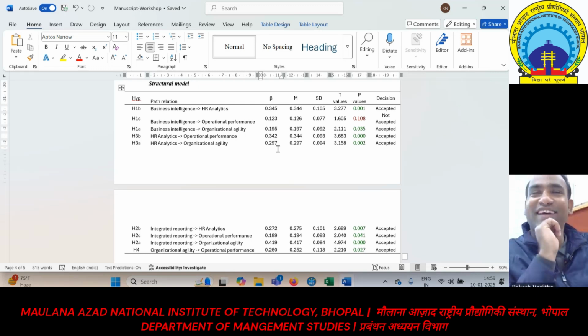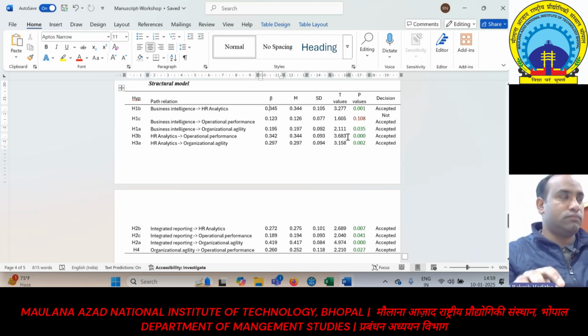Really? Okay, that beta value divided by standard deviation, approximately 3.28. It's showing 3.27 there, it's 3.28. So the beta will have more decimal points, no?